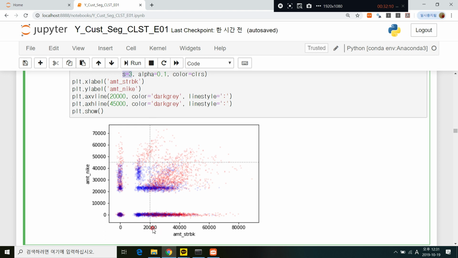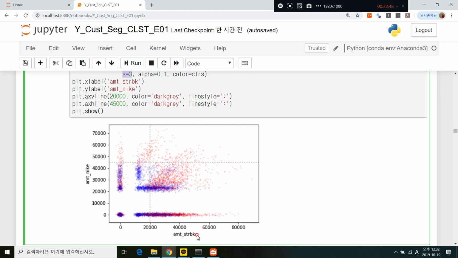And there is a big difference between the group below 20,000 and above 20,000. So this is a red place and this is a blue place, a hot region and a blue region. Then we can easily pick the cutoff point, the threshold, 20,000 in spending amount at Starbucks.